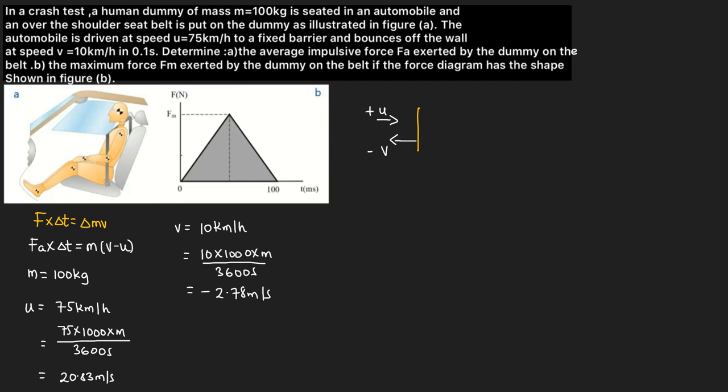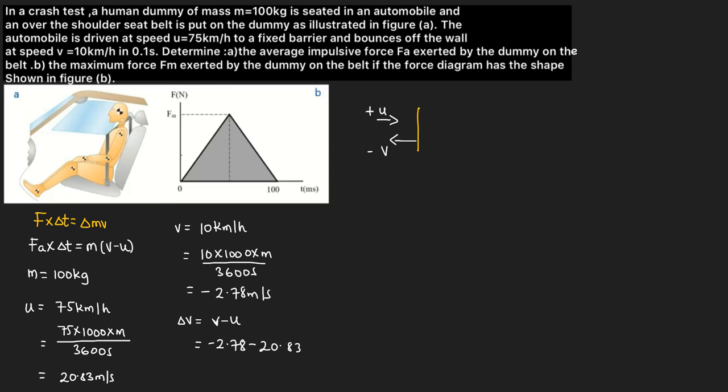From this point we can calculate the change in velocity, which is going to be the final velocity minus the initial velocity. So you are going to have minus 2.78 minus 20.83. Let's see what you are going to get.